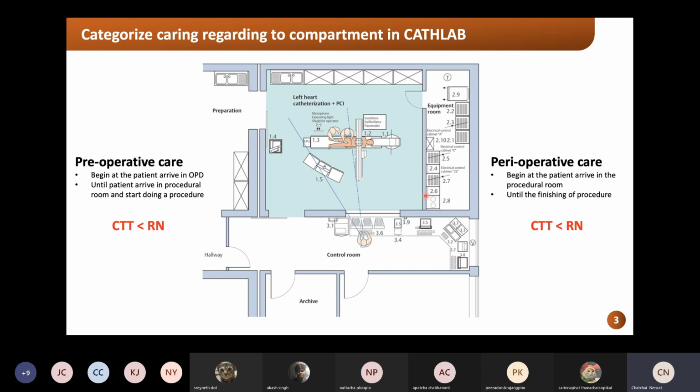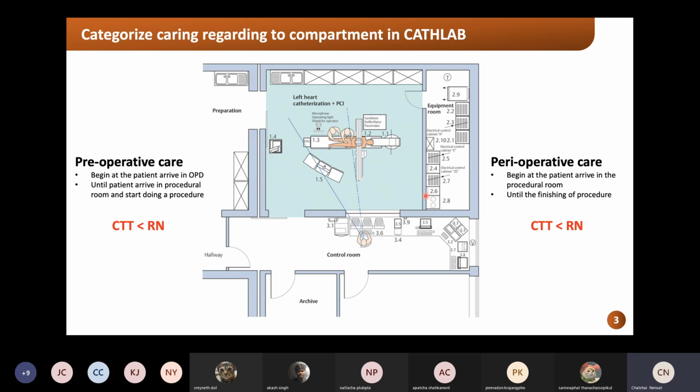And when we look at pre-operative care and perioperative care, we can categorize this care depending on the compartment in the cath lab. When we look at the pre-operative care, this care that we need to give the patient begins when the patient arrives at the hospital or the OPD, if the patient has an appointment for the procedure, until the patient arrives in the procedural room and the procedure starts.